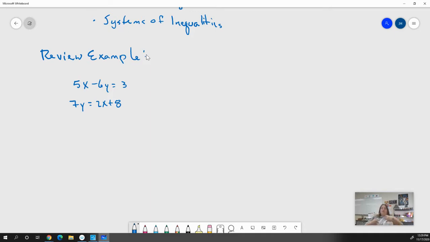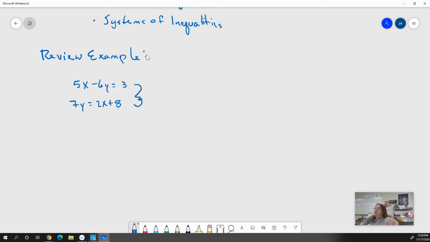The first thing that we need is to have our x's and y's on one side of the equal sign and our constant on the other. We need to make sure that they're set up so that our x's line up with our x's and our y's line up with our y's and our constants line up with our constants.